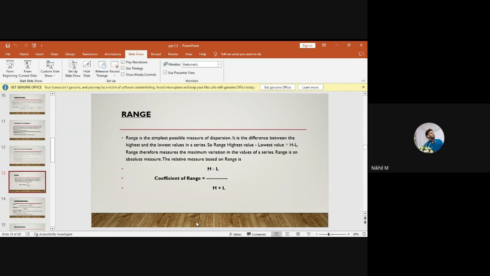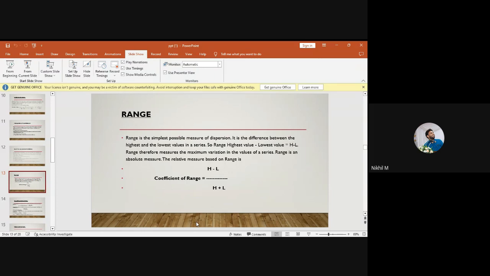The first one, range. Range is the simplest possible measure of dispersion. It is the difference between the highest and lowest value of a series. So range in absolute dispersion is equal to H minus L, that means highest value minus lowest value.